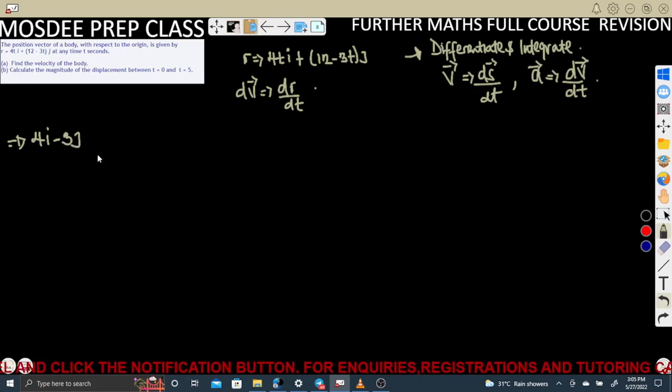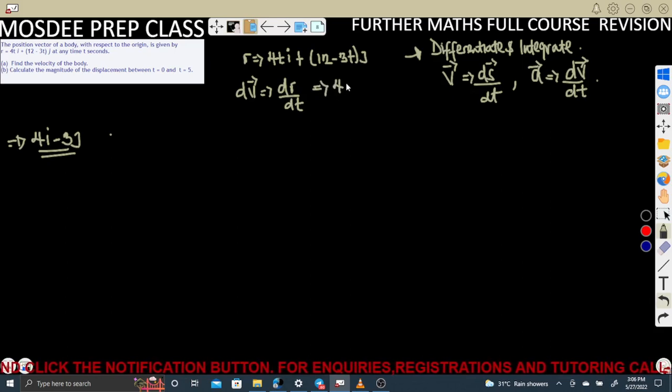And this is the answer for the first question, because we are asked to find the velocity. So what you have to write is dr by dt is now 4i minus 3j, which is what the examiner actually wants. So, find the velocity of the body.